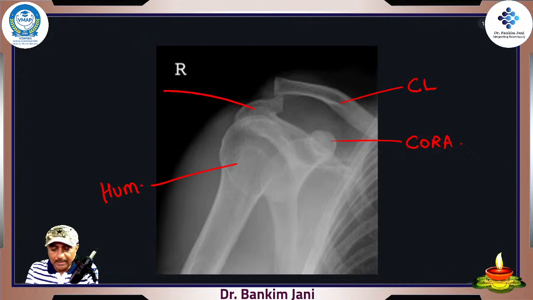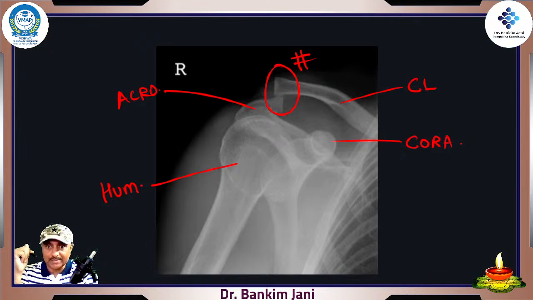That one would be the acromion process. Yes, you are right. Once again, it is a clavicular fracture, right? That's right. See how easy it is to figure out, and precisely this is an acromioclavicular fracture, right?